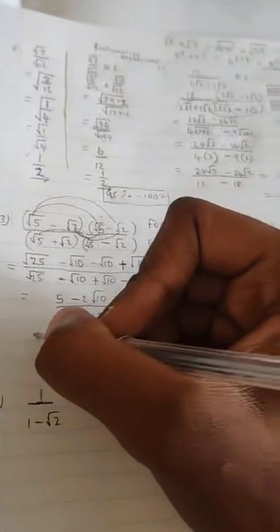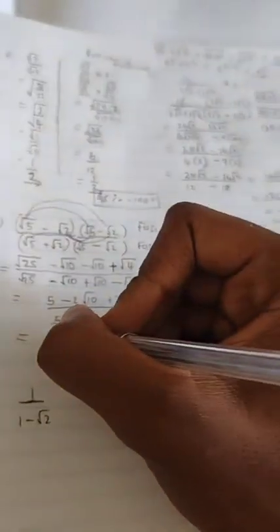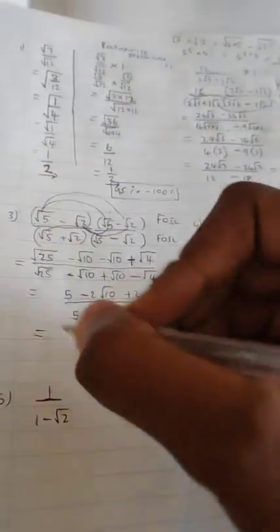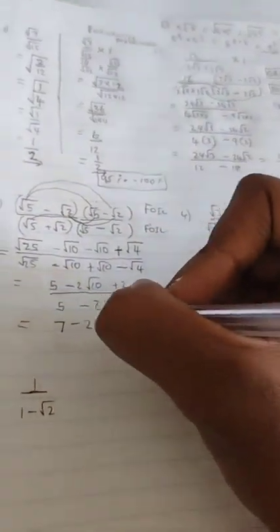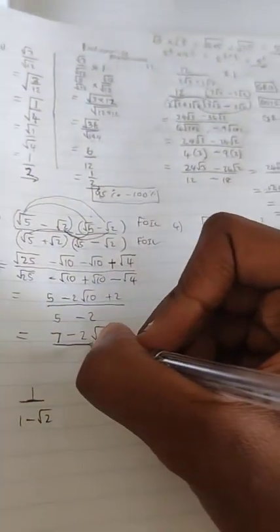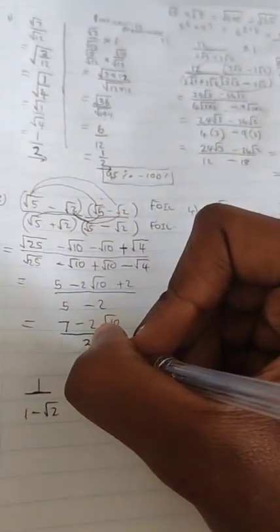That's 5 minus 2. Continuing on, what's 5 plus 2? 7. Those are like terms. This here is minus 2 root 10 over, what's 5 minus 2? 3.